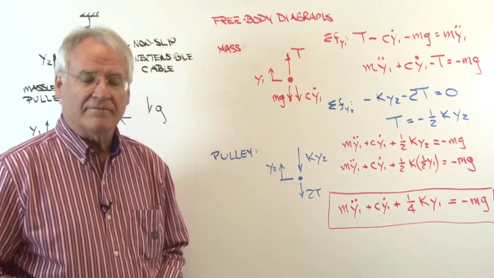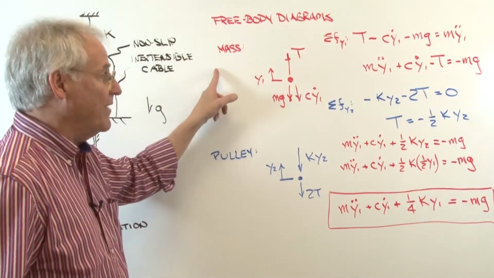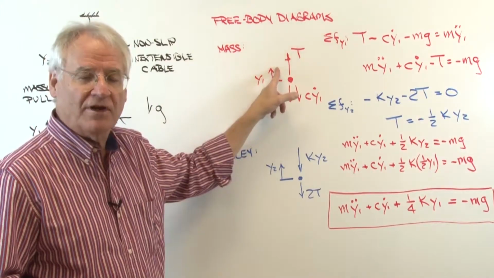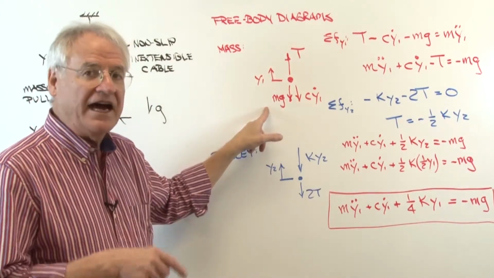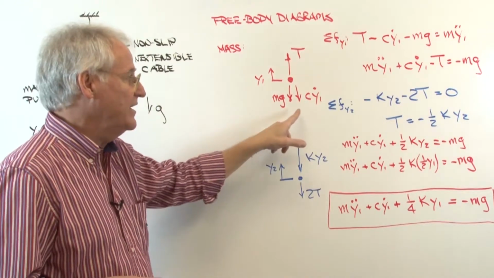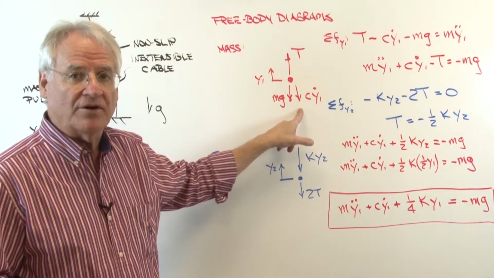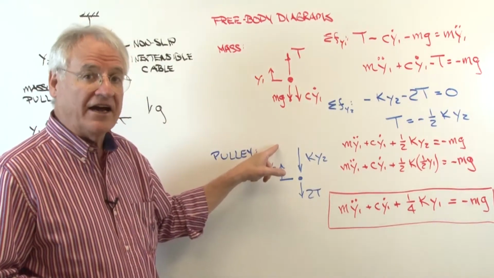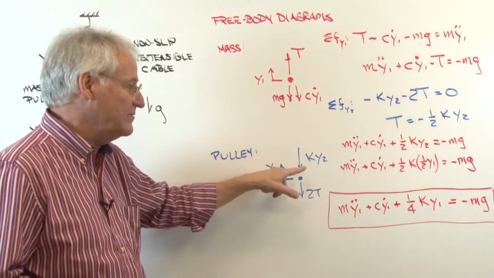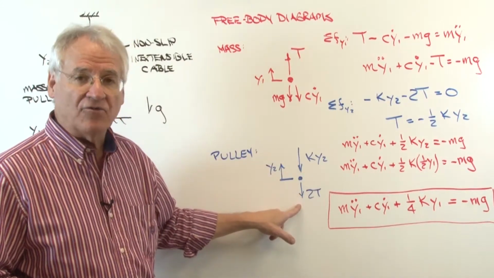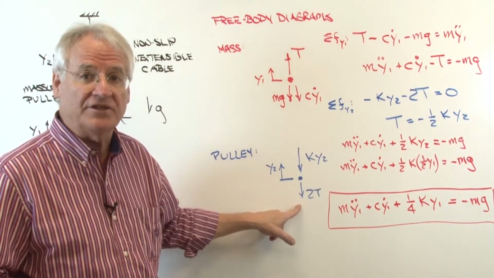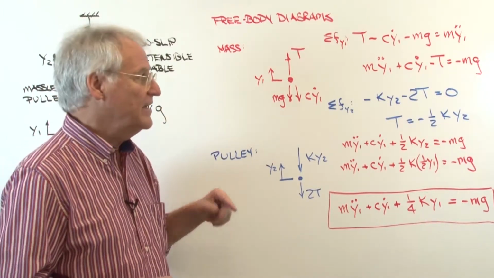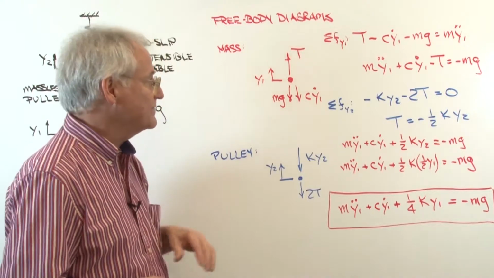So, first step, free body diagrams for the mass and the pulley. For the mass, there's an upward tension, T, and a downward weight, mg, and a downward force from the damper, C Y1 dot. For the pulley, there's a downward force from the spring, K times Y2, and a downward force of 2 times the tension, because the cable on each side, both sides of the pulley, are pulling downward.